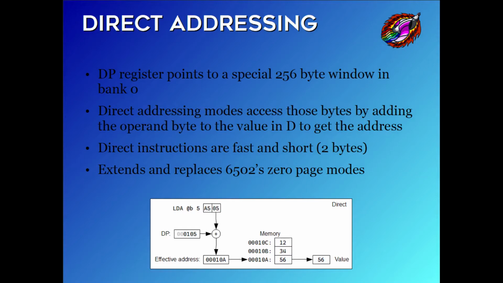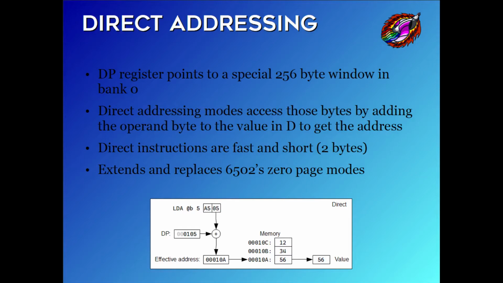And this little diagram down here is showing you how that direct addressing mode works. In 64tass, the little assembler hint to tell the assembler that you want to be using direct addressing is @B, which means that you have a single byte for your operand. So LDA @B 5 is saying that you want 5 as the offset for direct addressing.